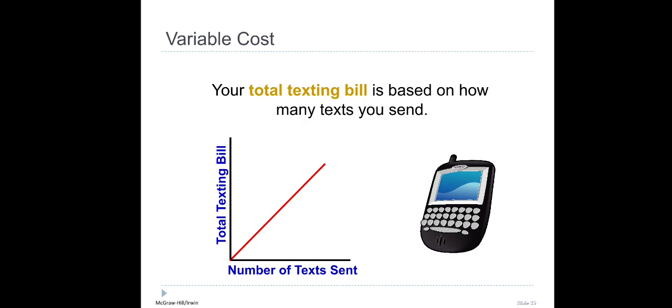So let's say you have a soft drink business. When you want to produce a soft drink, you have to pay for the bottle, the label, and also the drink. So let's say 70 cents.